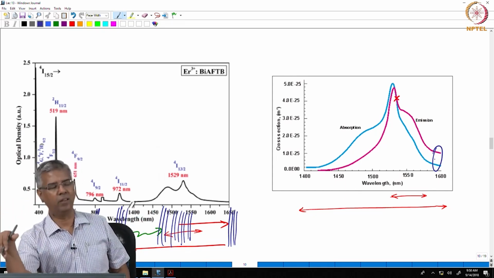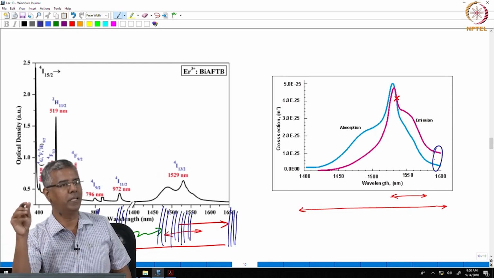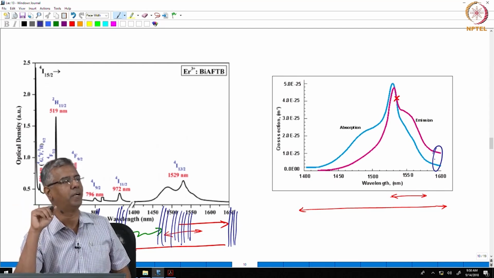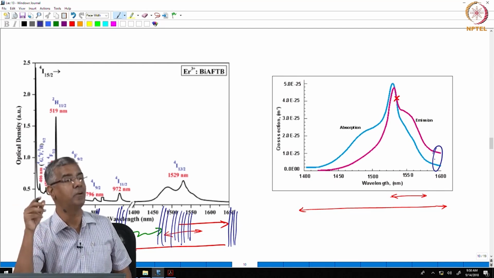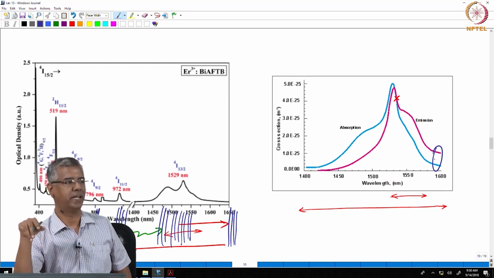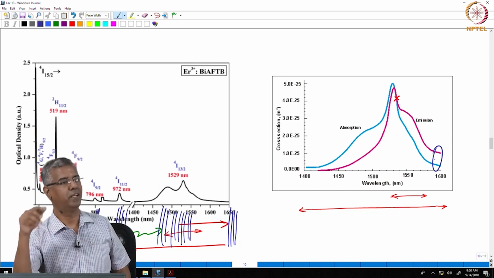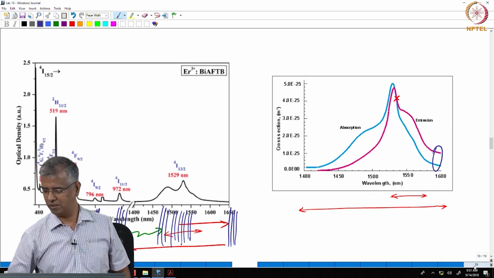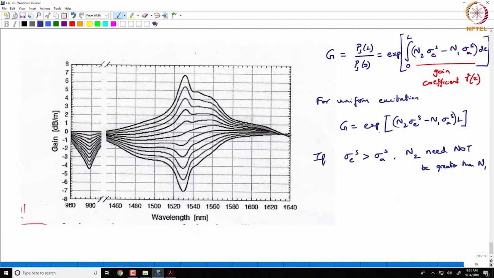Okay. In those regions, N2 need not be very high compared to N1, it need not be greater than N1. N2 can be a fraction of N1 and you can still get gain, right, because what matters is that this factor overall is positive.